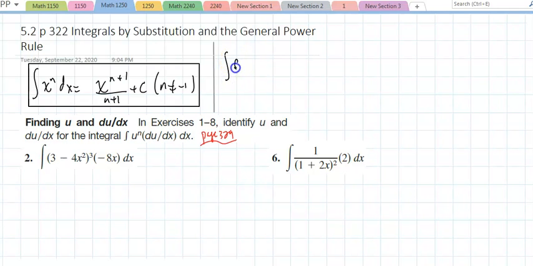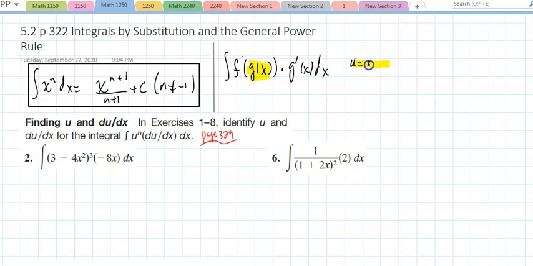If I look at the integral of f of g of x times g prime of x, which is the chain rule, I let u equal, literally the same as the chain rule, the inside of a radical, the denominator of a fraction, the exponent of an exponential, the argument of a log, the angle of a trig.